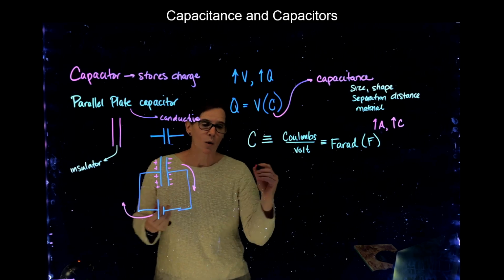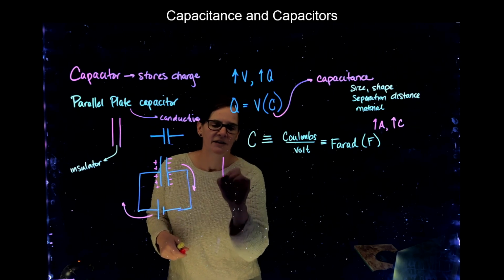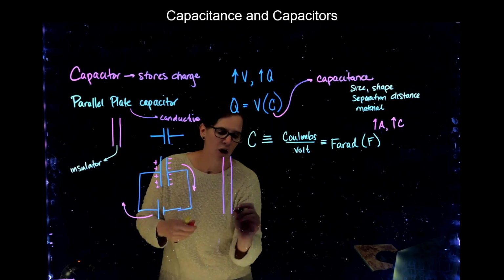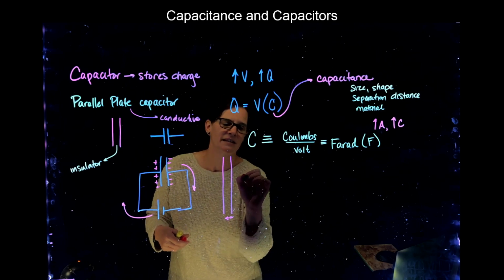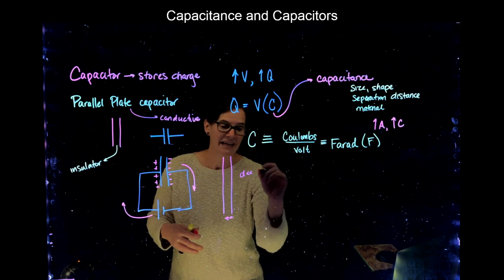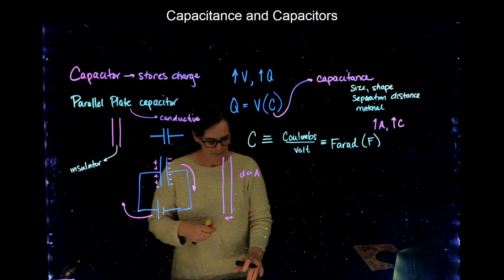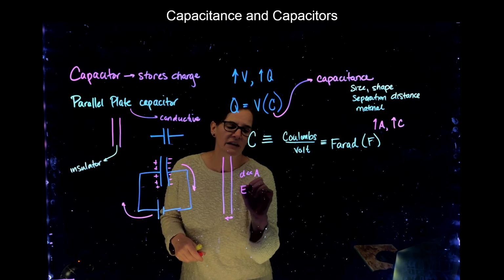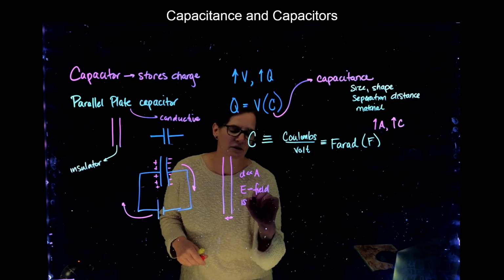But we know from our discussion there that if I have two plates that are very large relative to their separation distance, so that the separation distance is much, much smaller than the size of the plates, the electric field produced between those plates is uniform.